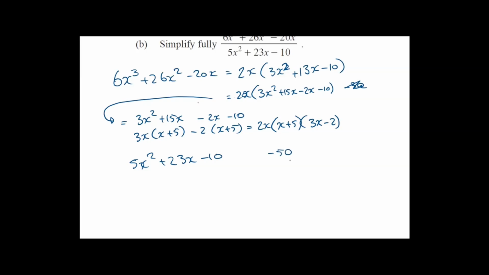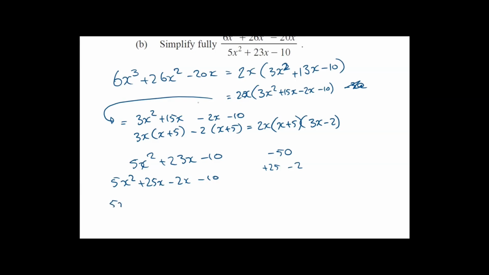Two numbers that add to give us 23 would be plus 25 and negative 2, wouldn't it? So 5x squared plus 25x minus 2x minus 10.